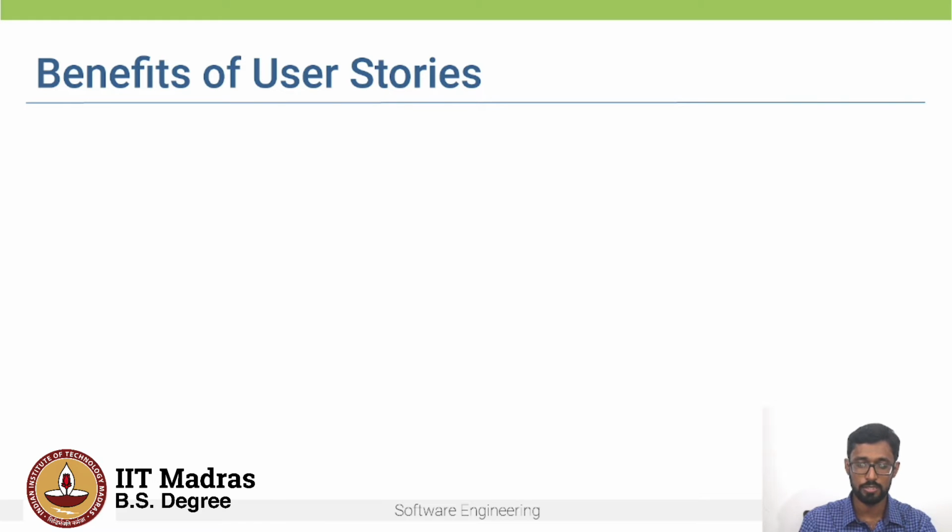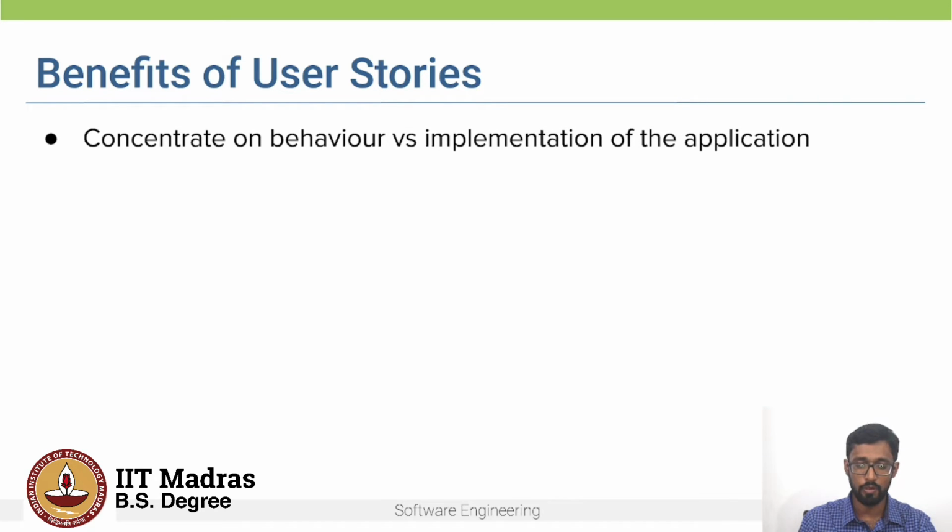If you have noticed, we have not told the customers how we will implement these features. By concentrating on the behavior versus the implementation of the application, it is easier to reduce misunderstanding between stakeholders.